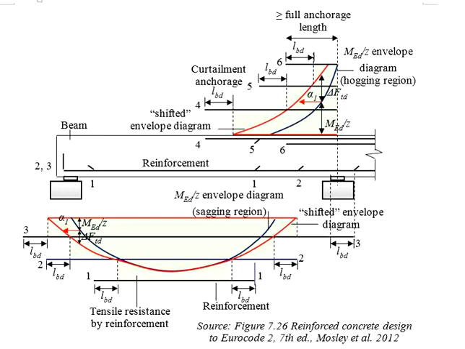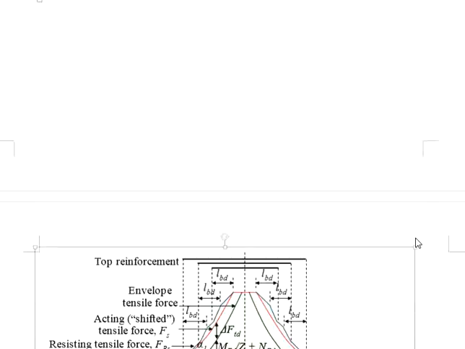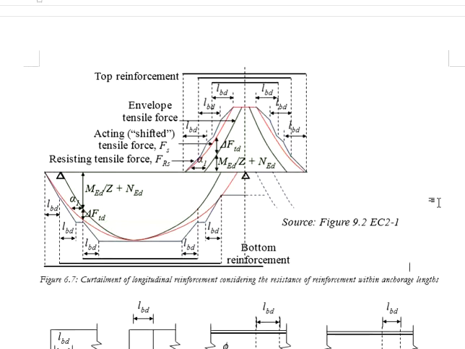Also, both models consider the influence of the anchorage length and recommend that the reinforcements are curtailed after the anchorage length. These are among the similarities between the simplified model and the model given in the Eurocode 2.